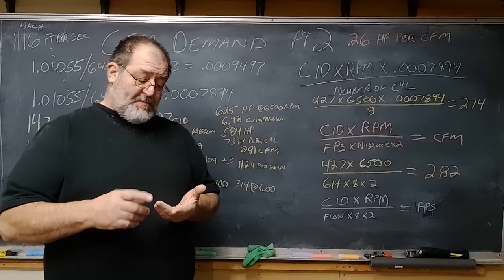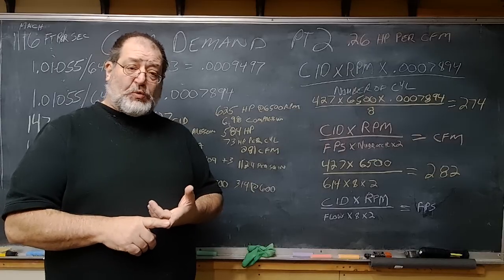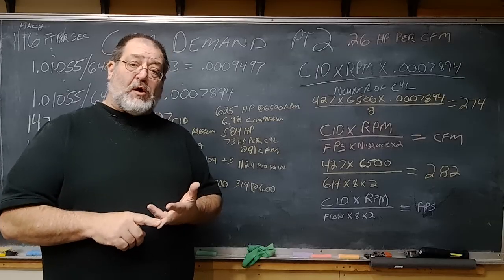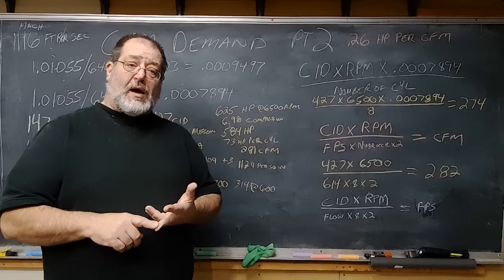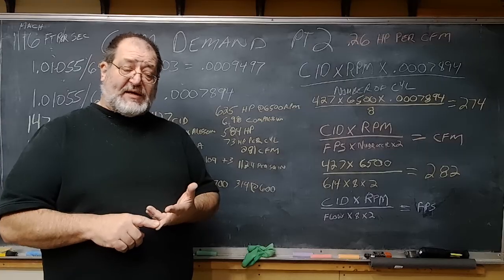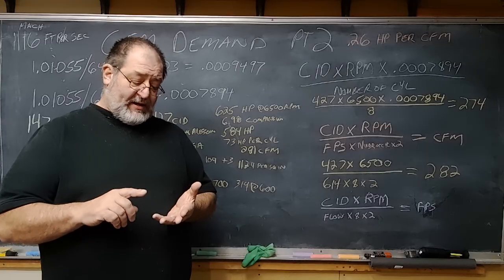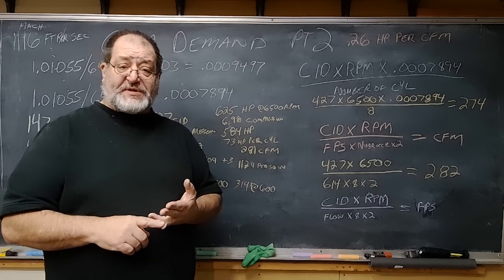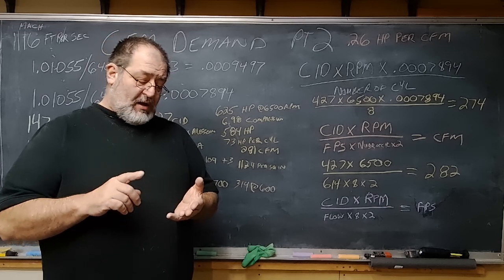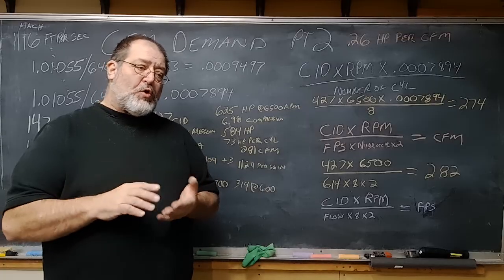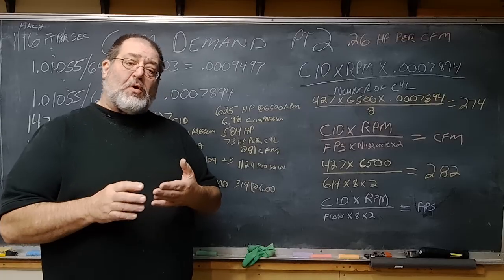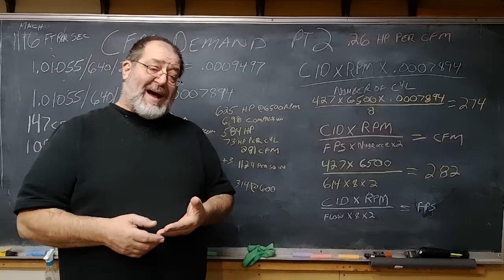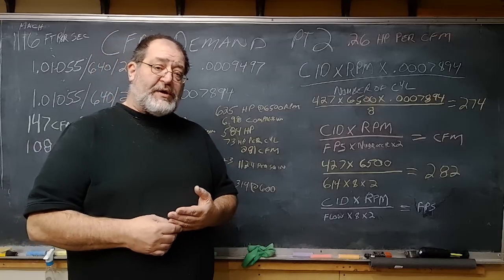If you're running methanol, which could be 18-20% gain, if you're running mostly ethanol, 85-90% ethanol, that's like a 7% gain. If you're running an oxygenated fuel, that could easily be 3 or 4% gain. If you're doing anything in the way of boost or whatnot, of course you have a gain from that. All that needs to come out of it in order to figure out what you're doing.